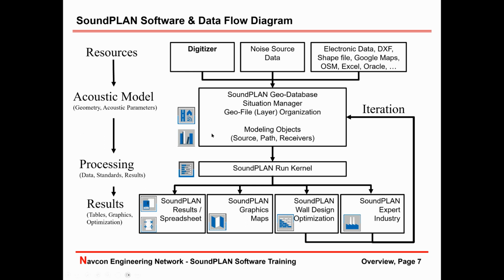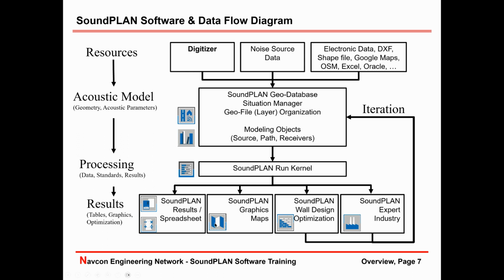When a situation is completed, we can go to the run kernel, where the program processes that information automatically based on the mathematical models that are defined in the different standards. So based on the noise source, the standards are linked to these sources. The program will predict the noise levels at these receivers.